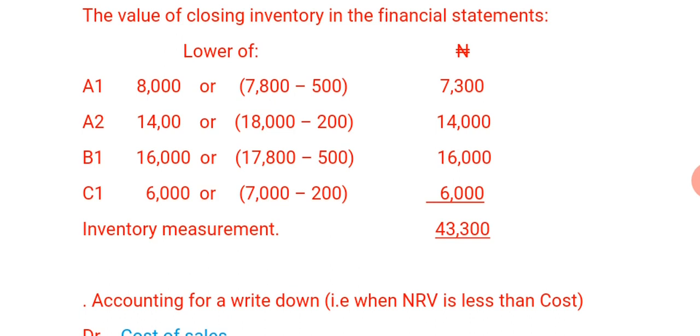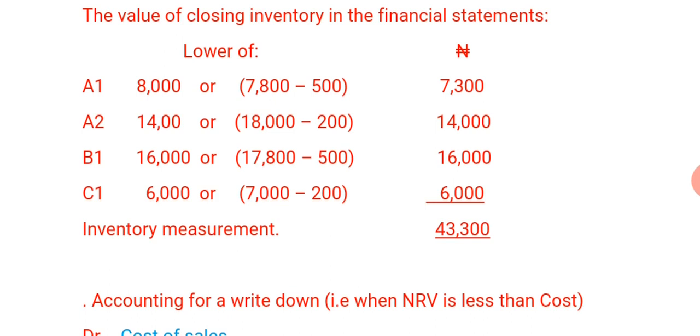We have 16,000 as lower. And C1, we have 6,000 or 7,000 minus 200, so 6,000 is lower than the result of 6,800. So the total of the lower figures gives us 43,300 as our total inventory value.